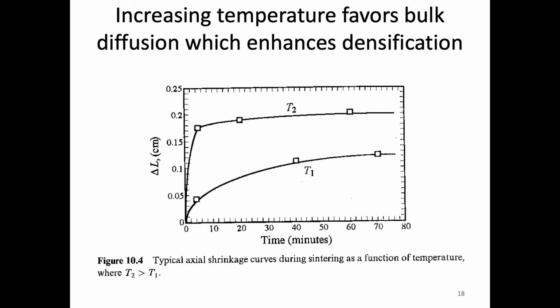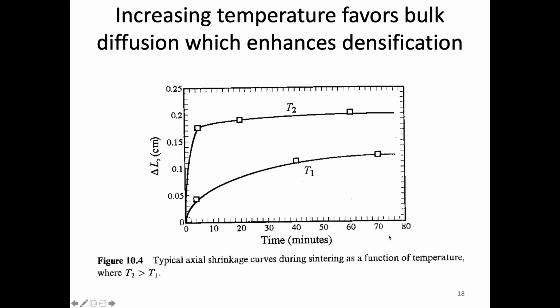So temperature is obviously going to be a big factor in sintering, because that controls the rate of atomic motion. And so that's important to us, the rate. But more importantly, temperature can also cause certain diffusion or mass transport mechanisms to be favored over others.